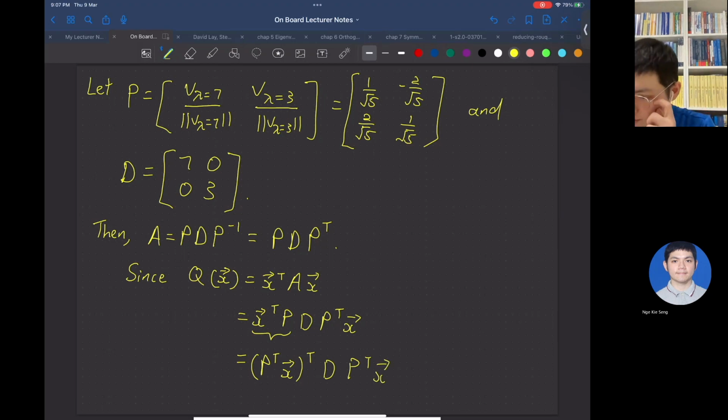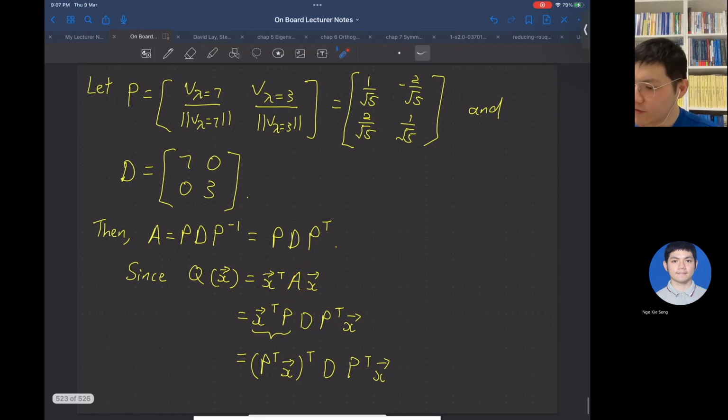So in this case, instead of having x transpose and x on the right of A, we turn A into a diagonal matrix where the vector becomes P transpose times x.